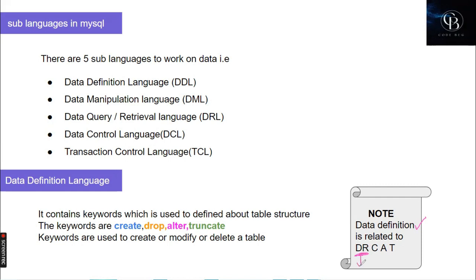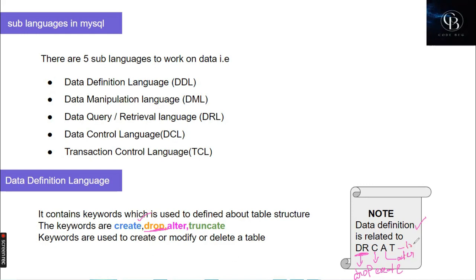Now, DR. What is meant by DR? DR is nothing but the drop keyword. Next, C is related to create. Next, A is related to alter. Next, T is related to truncate.